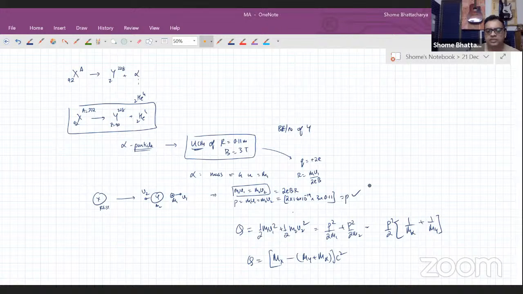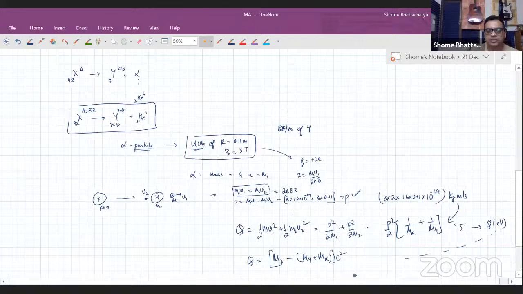You will get this in SI unit over here, whatever we get, 3 into 2 into 1.6 into 0.11 into 10 raised power minus 19. This linear momentum is in kilogram meter per second. So substitute this here, take this mass in kgs and all that. So you will get this energy in joules. Then divided by one electronic charge, so you convert it to Q value in electron volts, so that it's easy to handle.